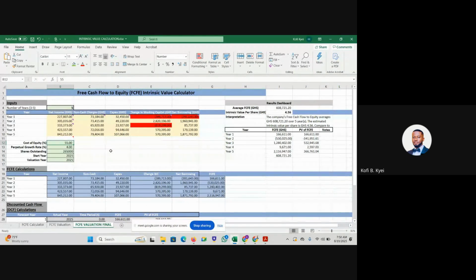So if the cost of equity is around 55, it means the company is so risky. It's too risky, so you have to move away from that company.